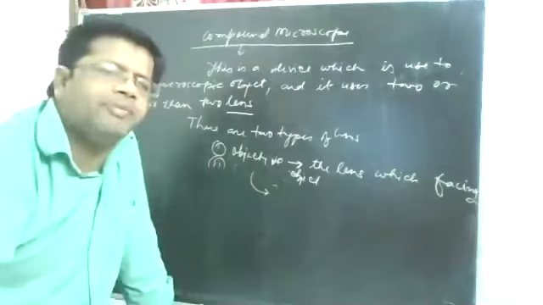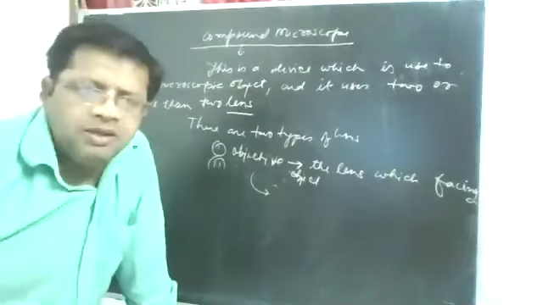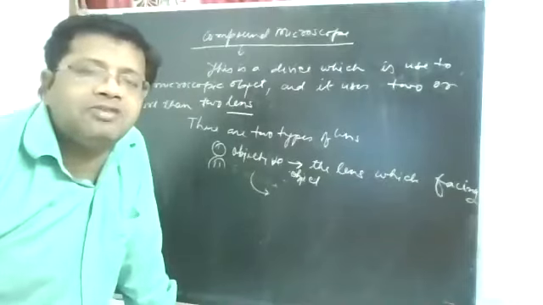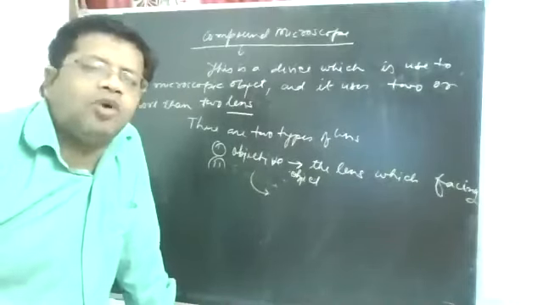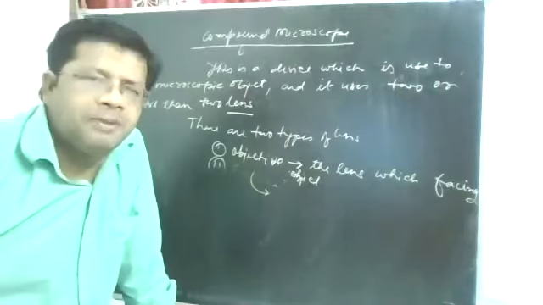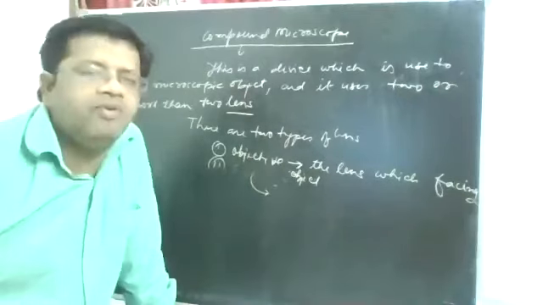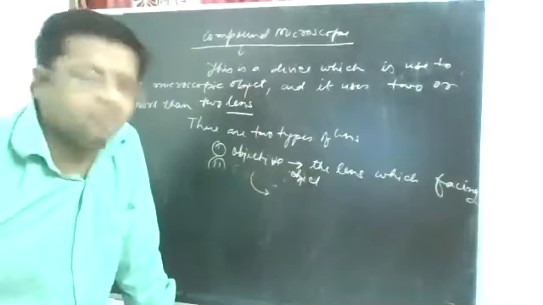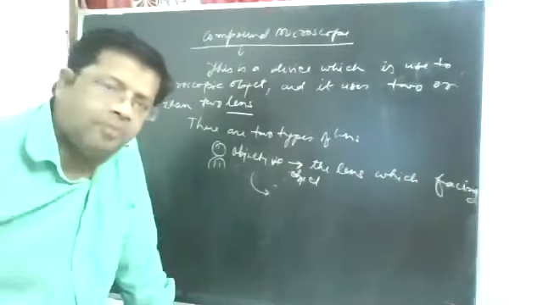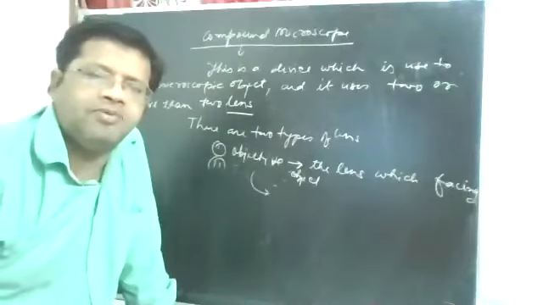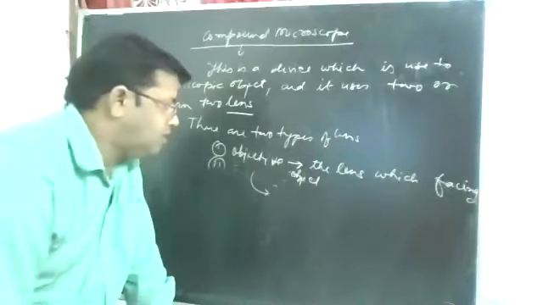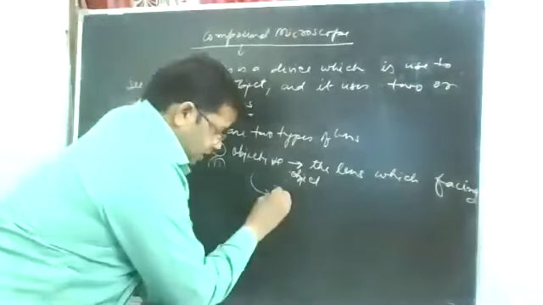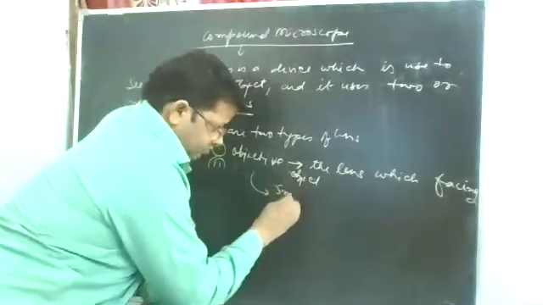Just in opposite, in case of a telescope, we have to observe objects at very large distance, so we take the objective with large aperture and large focal length. But in case of a compound microscope, the object size is very, very small, microscopic, and that's why the lens facing the object should have a small focal length.